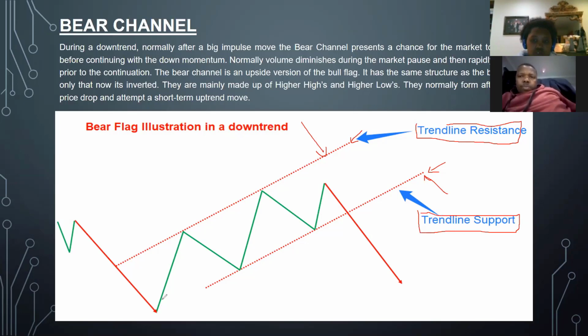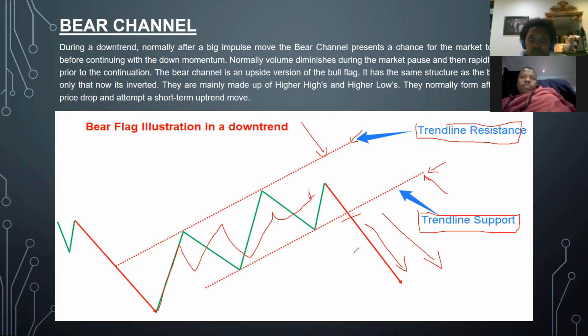So price will be moving in an uptrend in the channel. The moment it breaks the lower trend line support, that's when you look to sell, because it means the support of the trend line has been broken. Market is now pushing the downside. That's a bear flag, or you can call it a bearish flag.